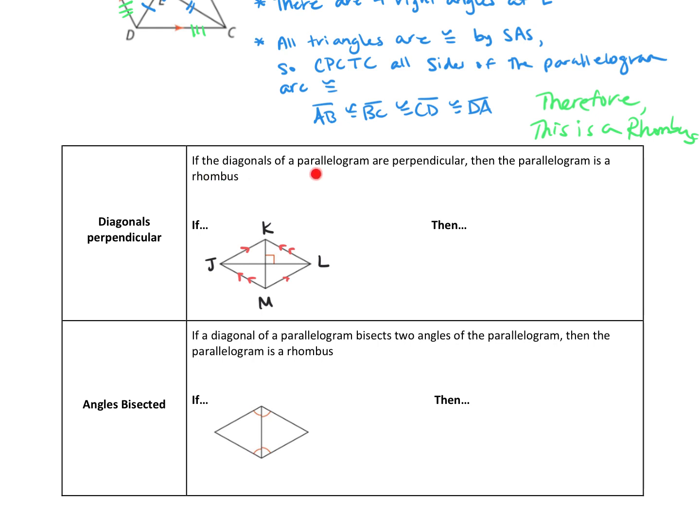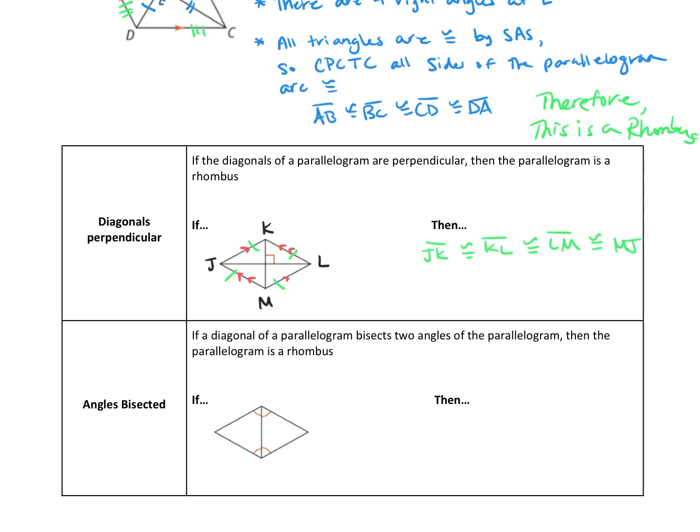So if the diagonals of a parallelogram are perpendicular, so here's our diagonals of a parallelogram perpendicular, then the parallelogram is a rhombus. So if it's a rhombus, that means we're going to have 1, 2, 3, 4 congruent sides.